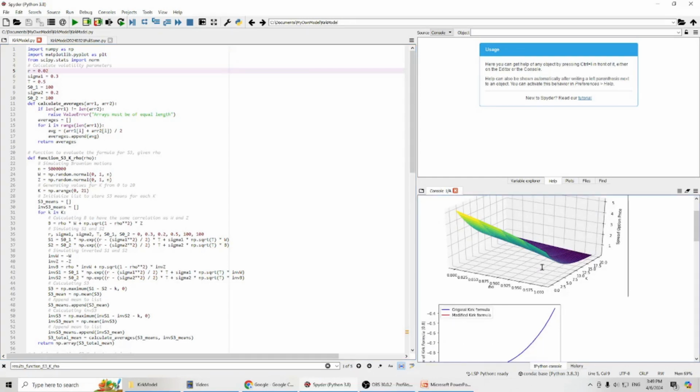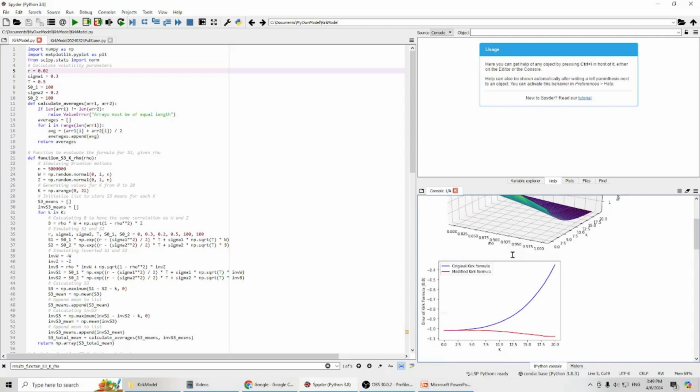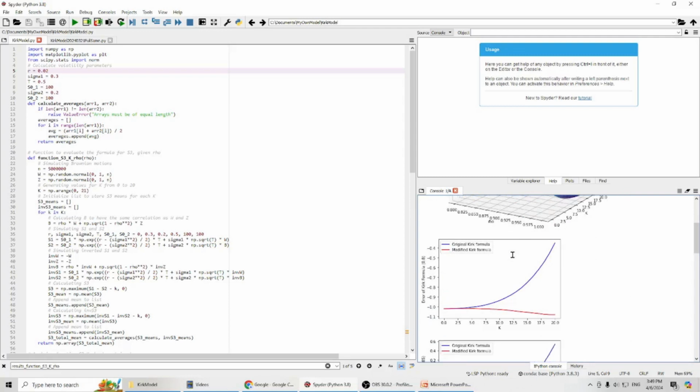And then, based on the price calculated with Monte Carlo simulation, we will calculate the error between the original Kirk formula and Monte Carlo simulation, and the error between the modified Kirk formula and Monte Carlo simulation.